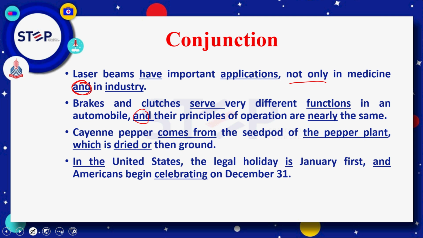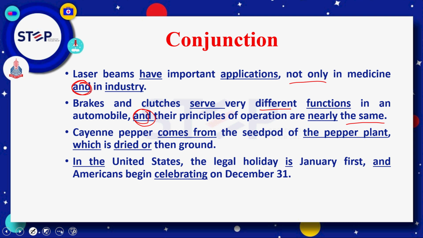So the sentence should be: brakes and clutches serve very different functions in an automobile, but their principles of operation are nearly the same. Because there is an antonymous difference between different and the same, these words can't be conjoined through and. They should be conjoined through but.